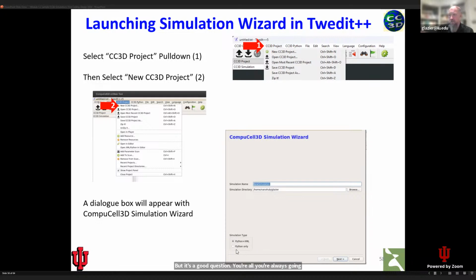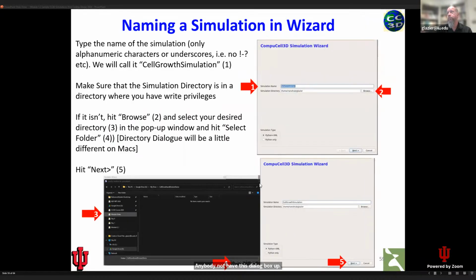TJ will show you what to do with the Python only one, but for the moment, we're going to leave defaults as they are, unless we need to change them. And again, we'll come back. There'll be lots of things we're not going to explain at this point because there are too many options to explain all of them now. But during the course of the week, we'll go through all of those options.